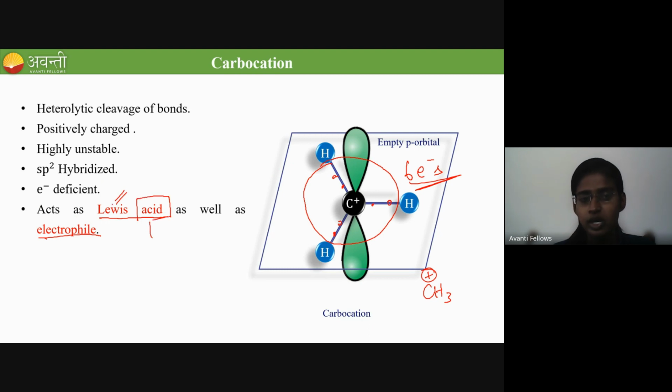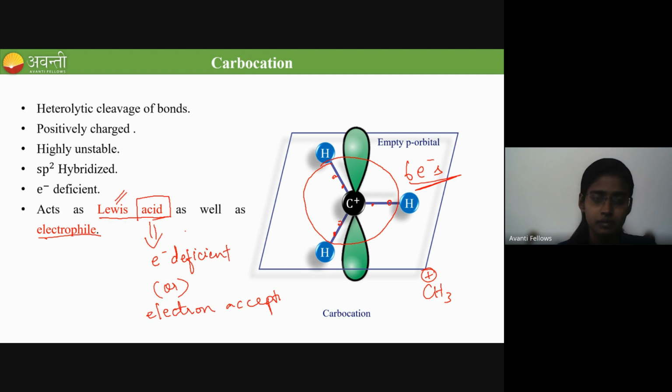According to his definition, acids are the compounds which are electron deficient in nature, the electron pair acceptors. Electron pair acceptors are called Lewis acids.